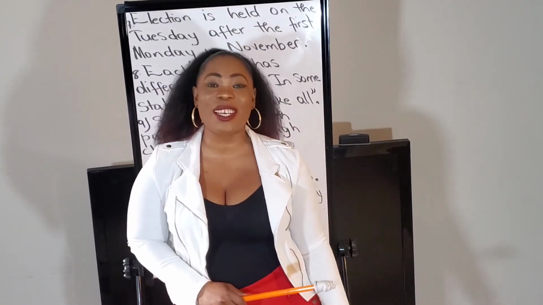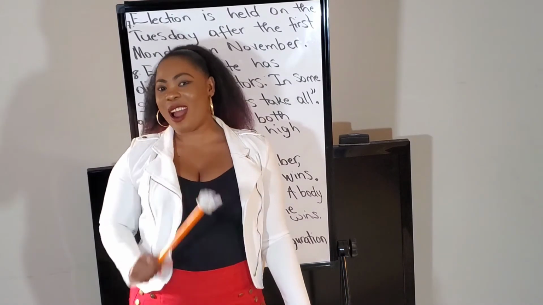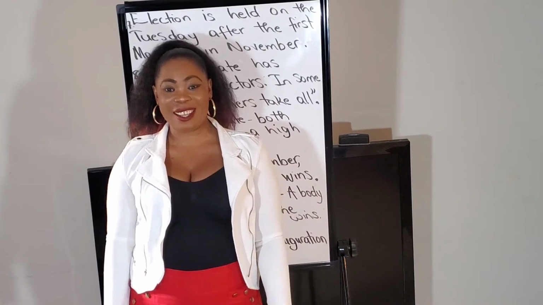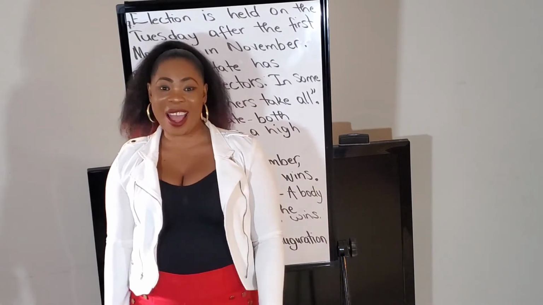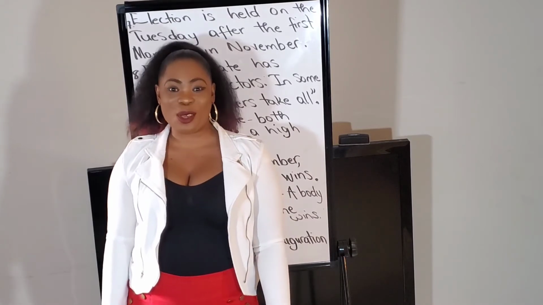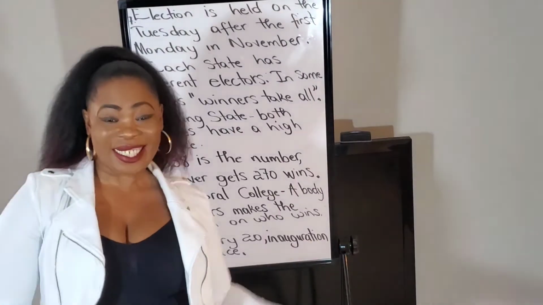Your online tutor, Cadian, taught you about the election, right? You will not be outdone. You will not be left behind, my geniuses. So there you've had it for the presidential election in the United States of America.